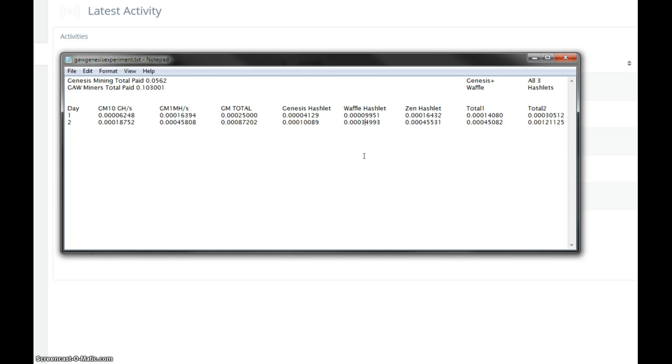Now you're probably wondering, am I cheating? Because you're going to say, well, the Genesis Hashlet price that you had up just now on the screen was higher than what I've posted now. Yes, because as I said, you have to take off those fees. Now the easy way for you to see this is as follows.